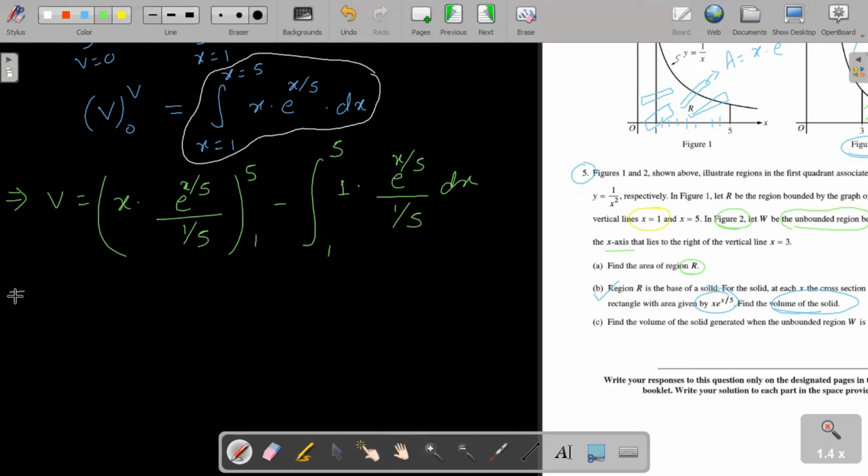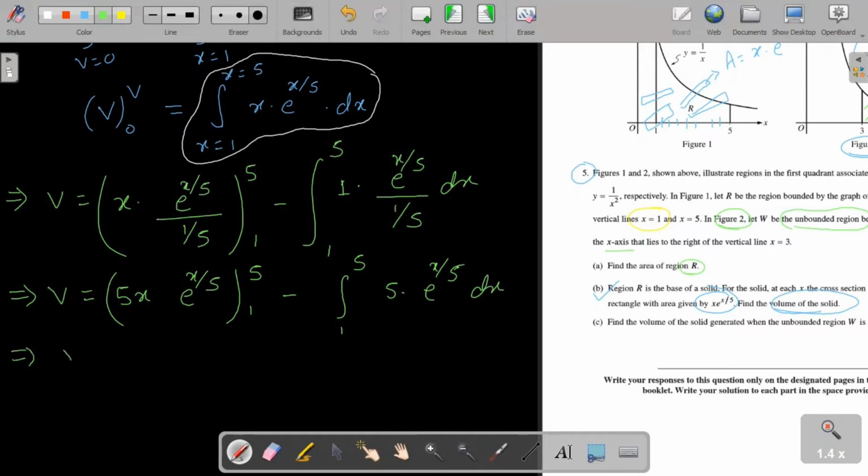So v is equal to 5x e raised to power x by 5 with the limit 1 to 5 minus integration 1 to 5 of e raised to power x by 5 dx. So this will be v is equal to 5x e raised to power x by 5 from 1 to 5 minus, when we integrate it again, 25 e raised to power x by 5 with the limit 1 to 5.